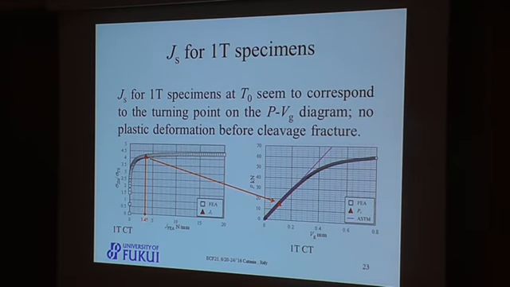That is, if fracture is to occur at this load, then no plastic deformation is observed before cleavage fracture. Because we are considering elastic plastic fracture toughness JC, this finding seems to give some idea of the lower bound fracture toughness. The success of the master curve approach based on 1T specimen seemed to support our finding.